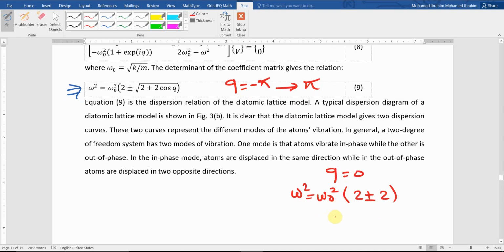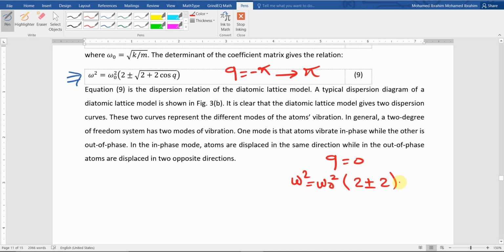That's why we end up with 2 values of omega. If the sign in the middle is positive, we have 4 omega 0 squared. If it is negative, we end up with 0. So that's why we have 2 modes of vibration, 2 natural frequencies. There are 2 possibilities here for the case that Q equals 0.